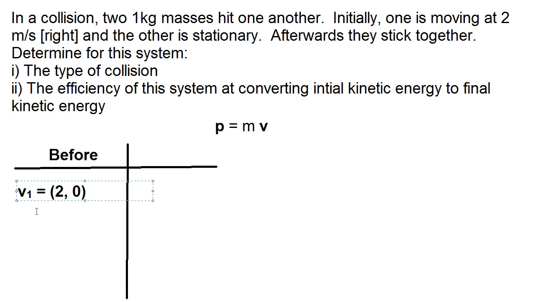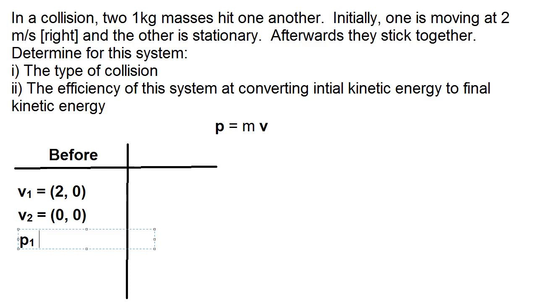All right, so we're going to put it in a Cartesian form, working in base SI units, so we'll omit the units for now. And for the second one, I know that it is stationary. Right, so you can say it's equal to 0, and that just means it's 0 in both directions. Now, with this, I can actually find the momentums of each. All I need to do is take these vector velocities and multiply them by the masses. In this case, the masses of each are just 1 kilogram.